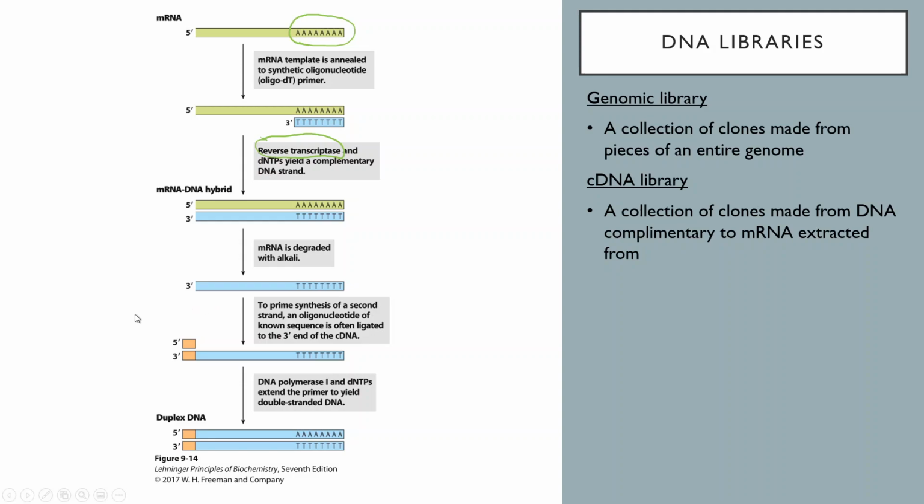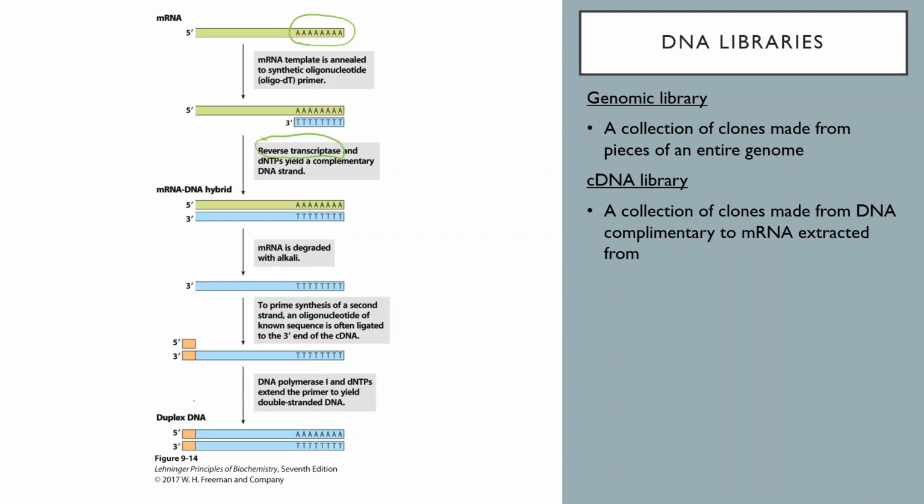If we don't, there are ways you can attach a 3' sequence to the 3' end of the DNA using a DNA ligase. And then you do PCR, essentially, or use a DNA polymerase to make a copy of that original strand.